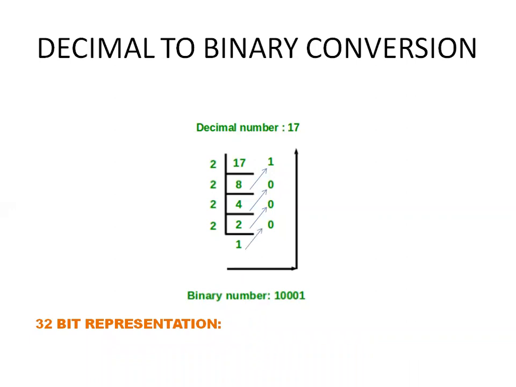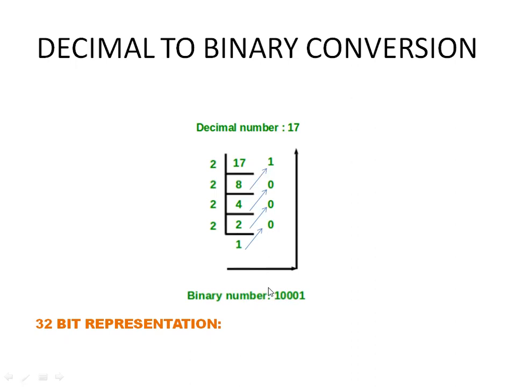Now we stop the division process because the number 1 is less than 2. We start writing the result from bottom to top. The bottommost digit is 1, so you write the result 1 0 0 0 1.